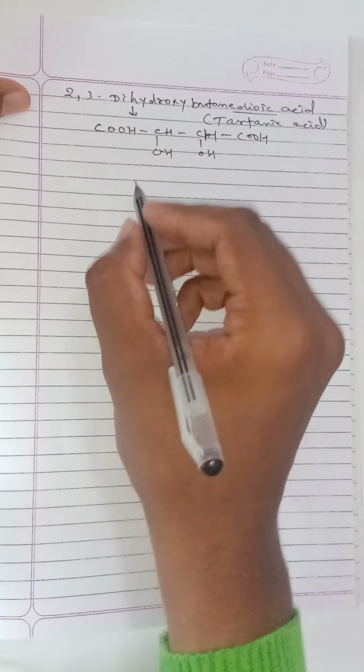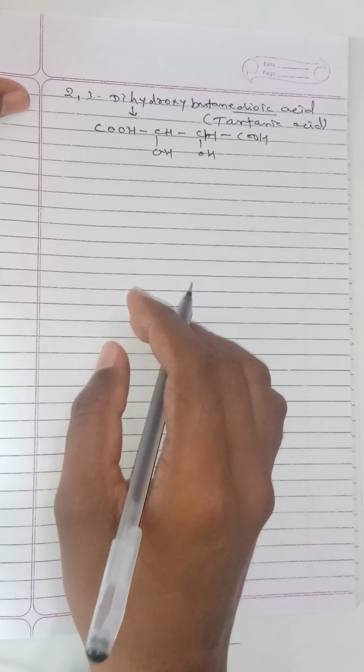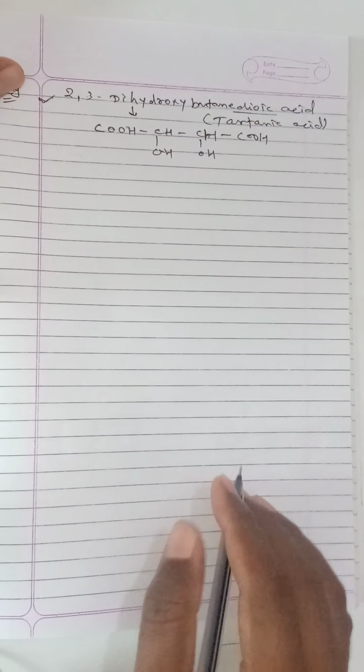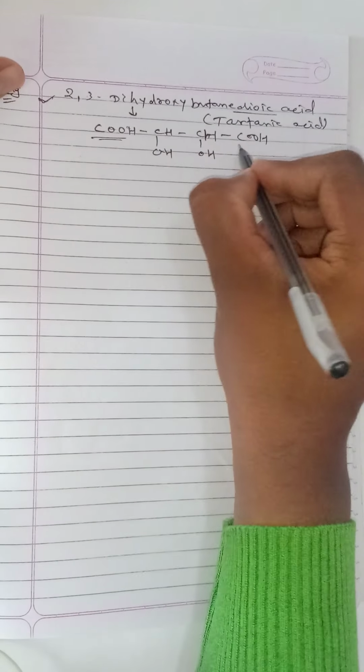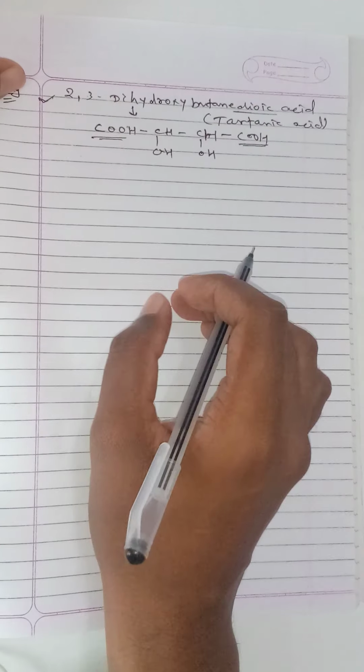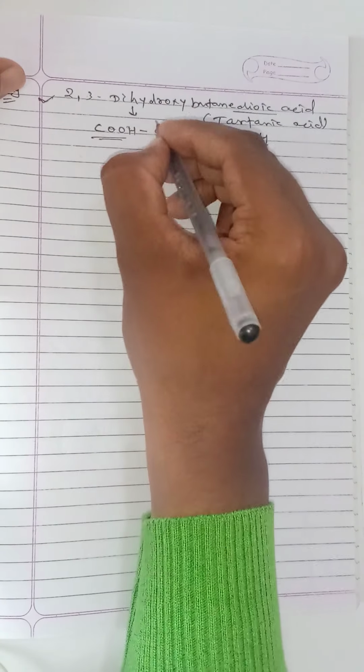So how many chiral carbons are present in this molecule? The first and last carbons are not chiral carbons. Let's check this.